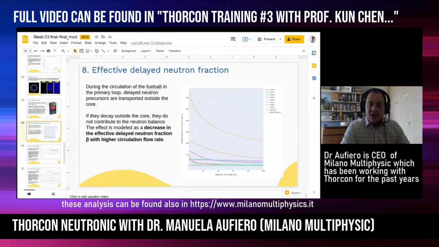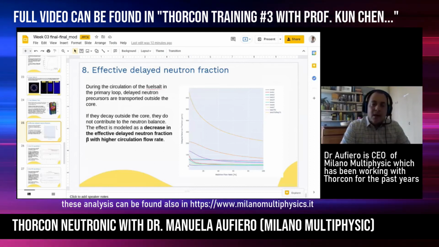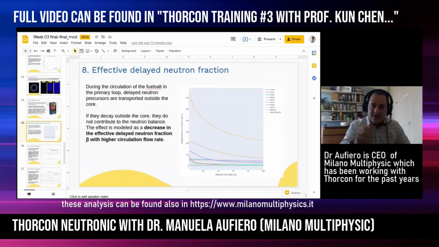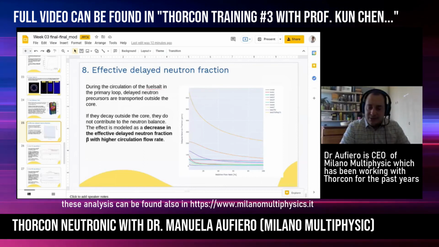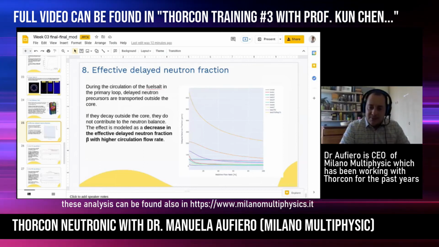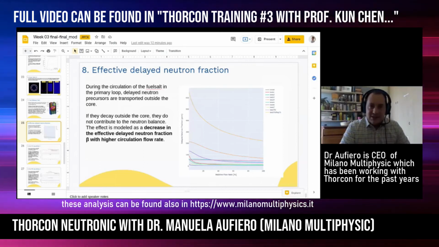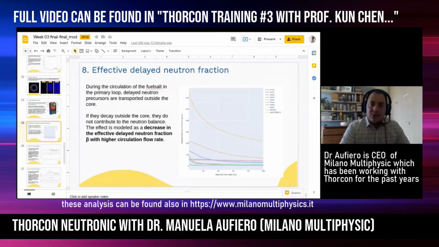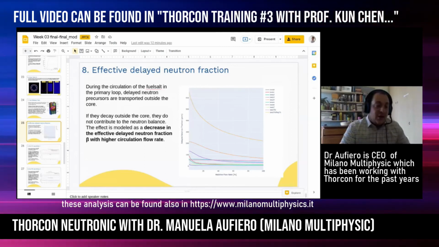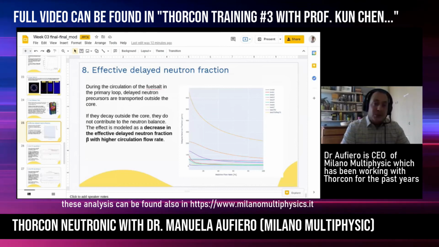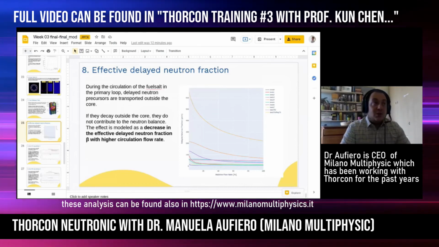So effectively, once we stop the pump, keeping in mind that there is inertia that keeps the flow circulating for some time, the reactivity inserted corresponds to the difference in the beta effective between the static condition and circulating condition.